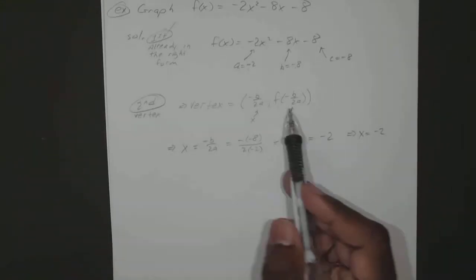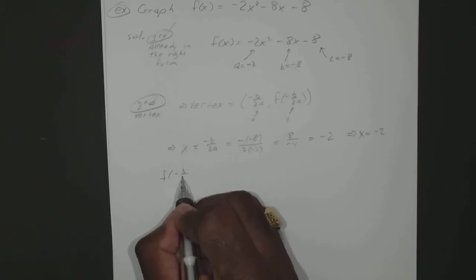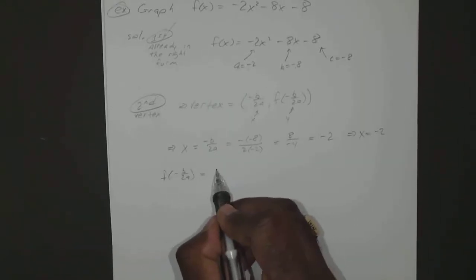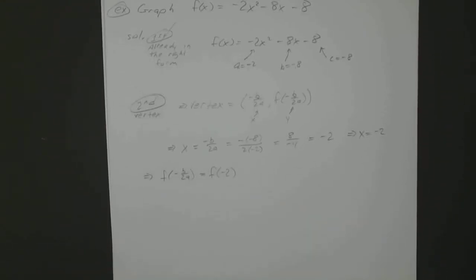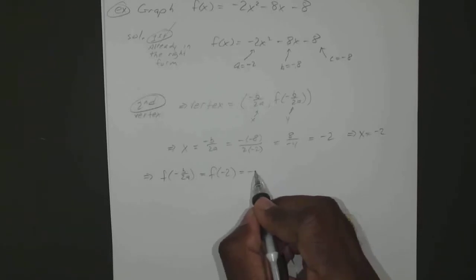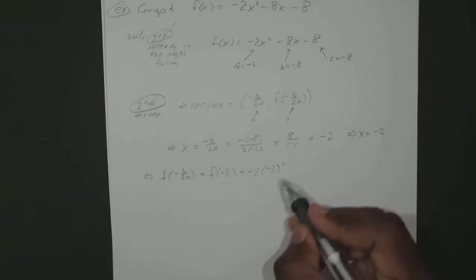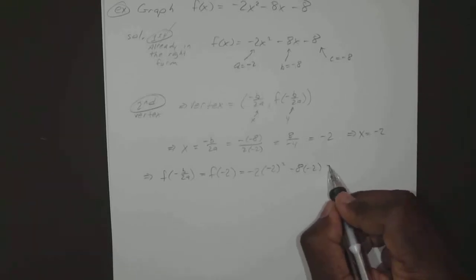So we now plug that into our formula. That means it's going to be f of negative 2, which is negative 2 times negative 2 squared minus 8 times negative 2 minus 8.